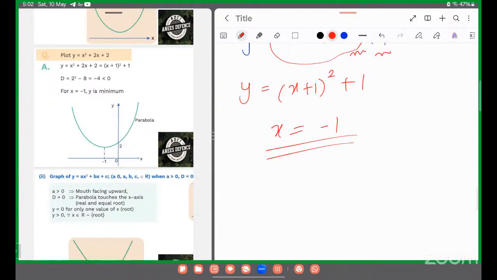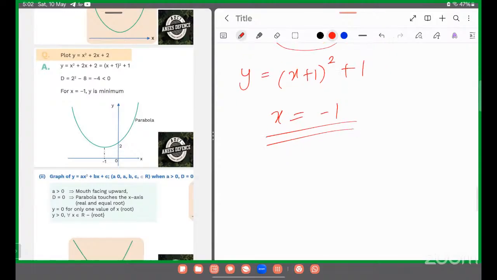That means when you put x equal to minus 1 or minus 2, anything, x plus 1 the whole square will be either 0 or positive. So the minimum value will be at x equal to minus 1. You can see that y becomes 0 plus 1. That means the minimum value possible for y is 1.